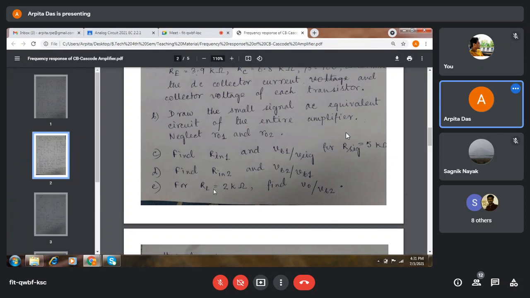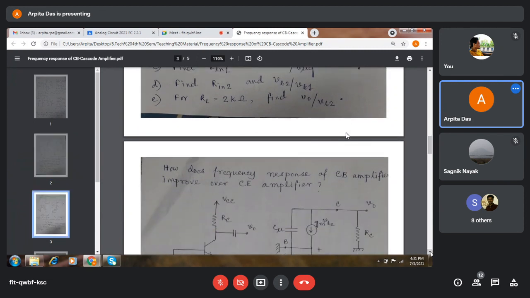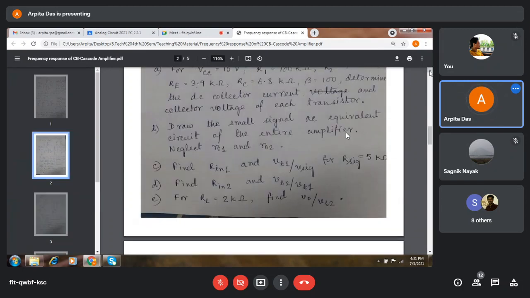In the third stage, the final load resistance value is given, and you have to calculate this ratio. Okay, so this is the overall problem description.